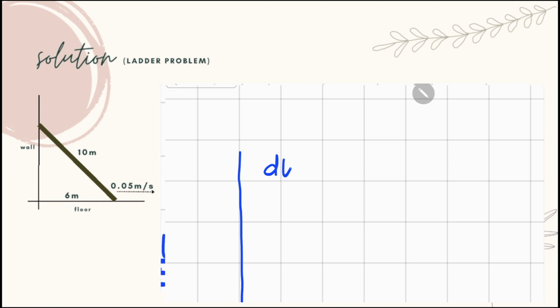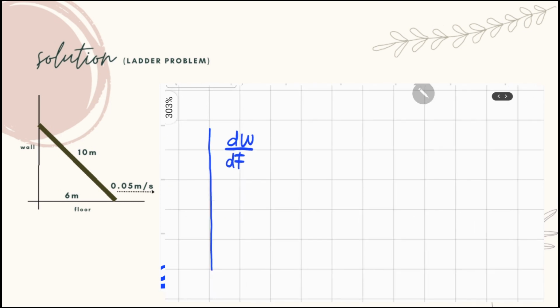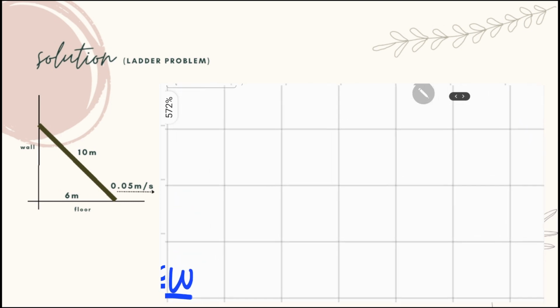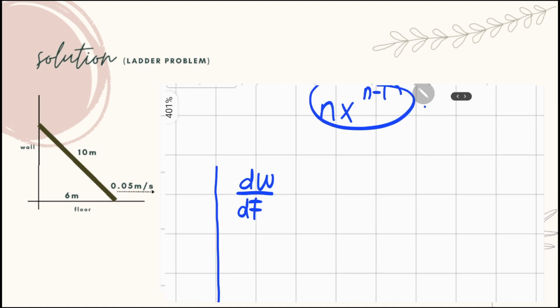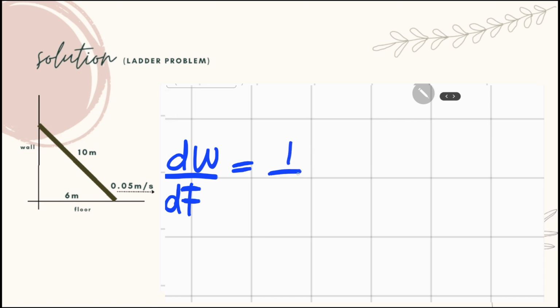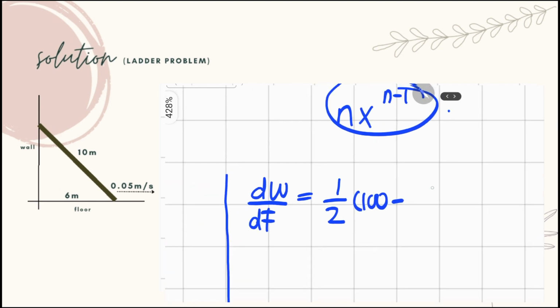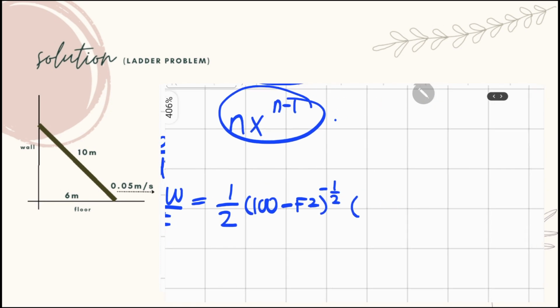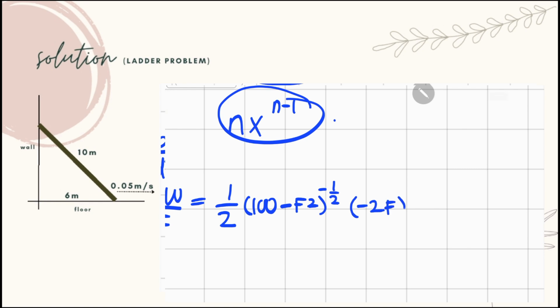So now we need to differentiate the w variable to find the rate of change dw over df. Using this formula, 1 over 2 times 100 minus f square to the power of negative 1 over 2 times negative 2f.